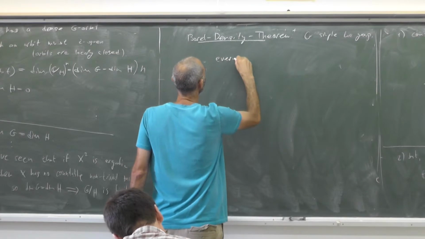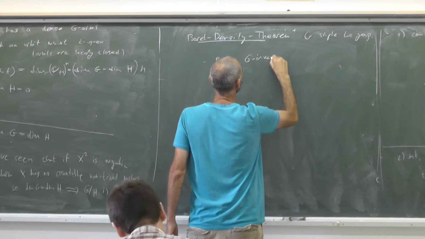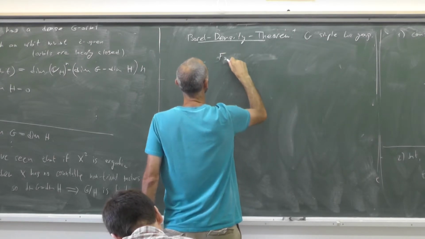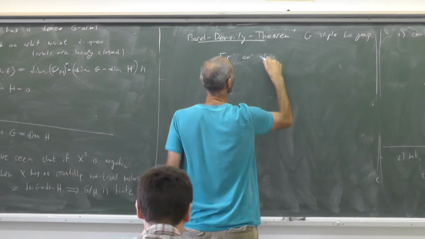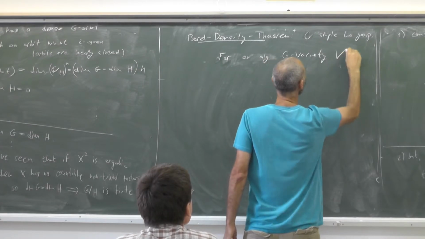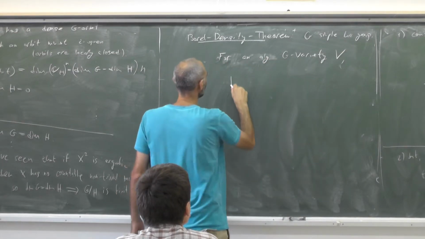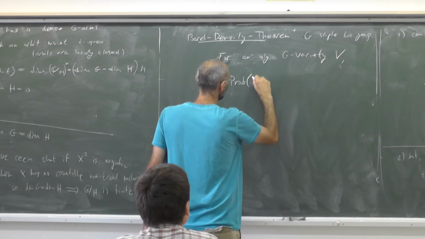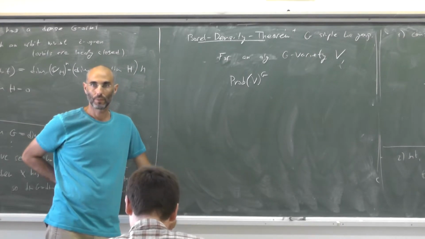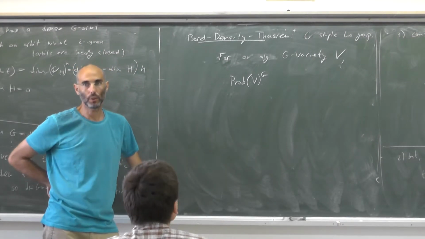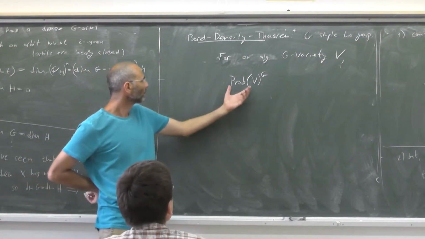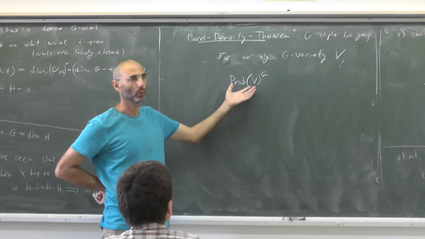Every G invariant measure for an algebraic G variety V, I can look at G invariant measure on this V. Think about it as my X. Well, actually, take an ergodic one.